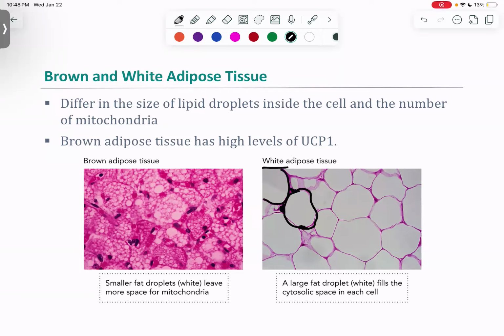The nuclei and all the other organelles are smashed along the sides of the cell. Whereas brown adipose tissue has lots and lots of small fat droplets. Each of these tiny circles that you see are droplets. But there's way more space to have lots of mitochondria. So you can tell there's a color difference in the tissue, and that's why they call it brown.